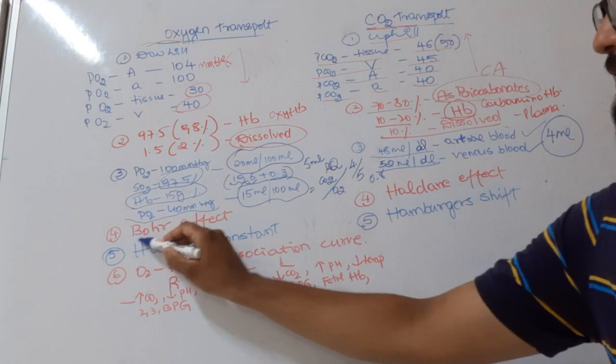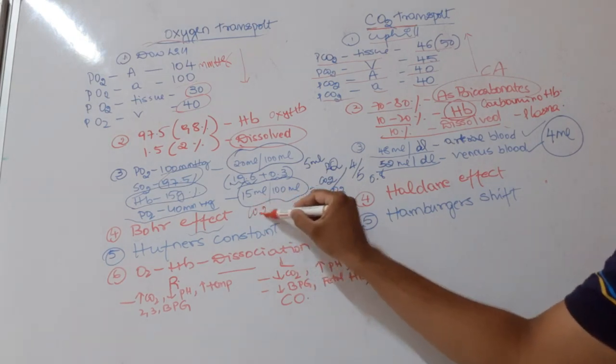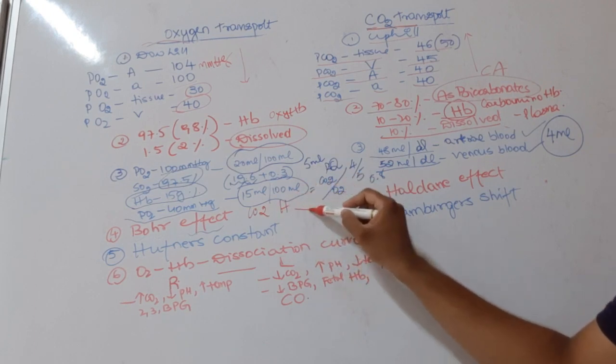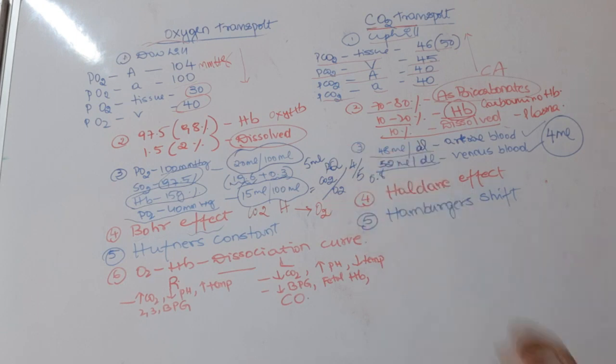We discussed the Bohr effect in oxygen transport, which explained the effect of carbon dioxide and hydrogen concentration on unloading and loading of oxygen, seen at the tissue level.